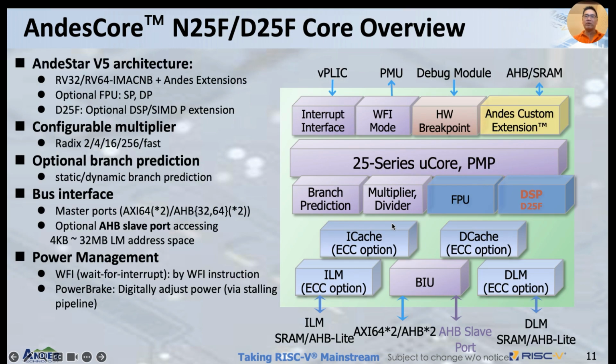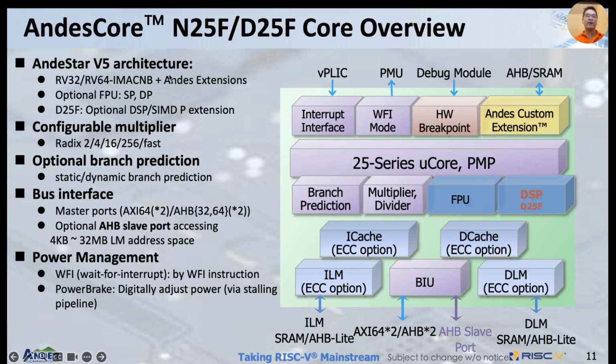Here we are looking at a microarchitecture diagram of N25F and D25F. They support the NDS V5 architecture, supporting RV32 and RV64 IMACNB extension, plus the NDS extension.